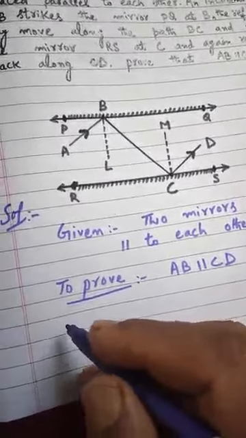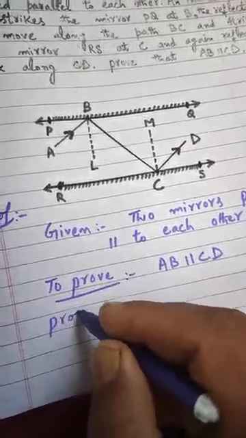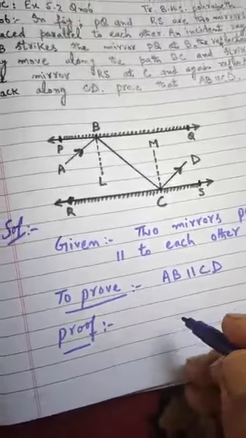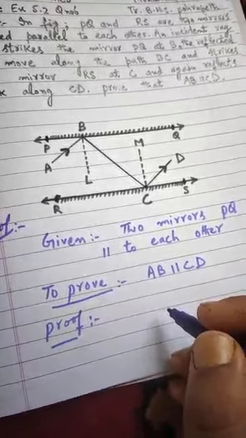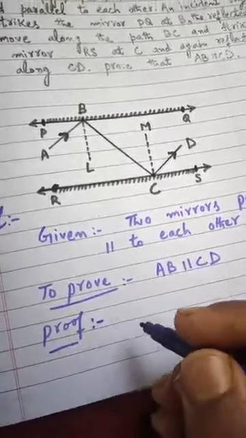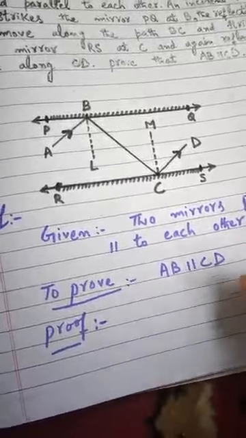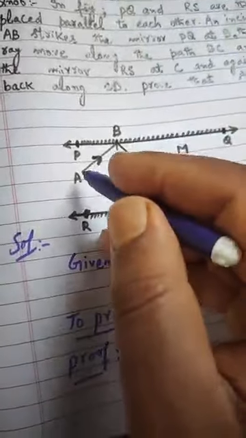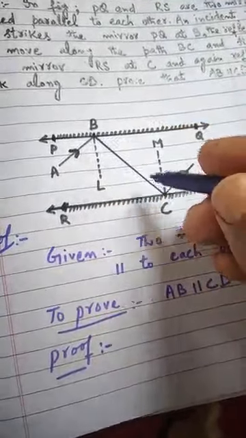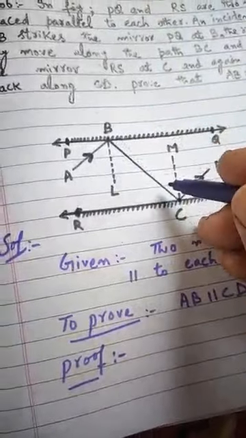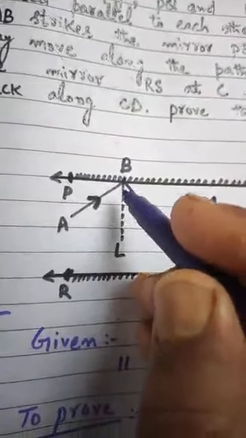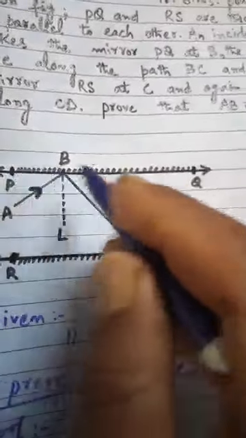How can we give our proof? Let us see. This is an incident ray AB, and this is the reflected ray. Two angles are formed here with the normal. This is the normal line, which is perpendicular to PQ.